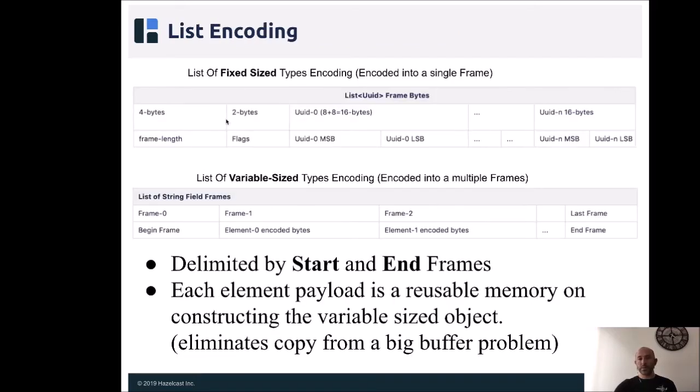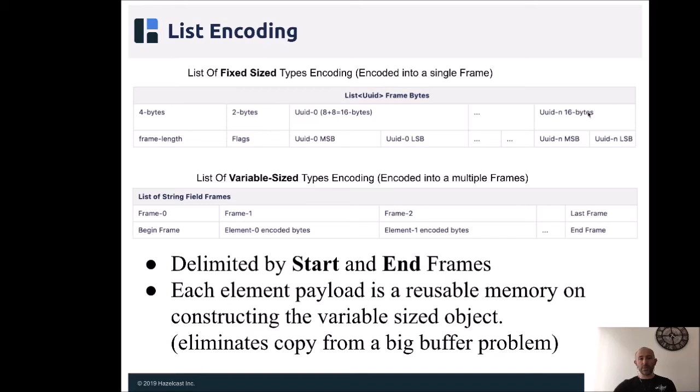Now, if you have a list of entries, how do we encode it? Okay, if it is a primitive type, let's say a simple list of integers, it's too costly to use begin and end frames logic. Hence, we have this optimization for fixed size types that we put them into a single frame, and we just encode it after the header part.